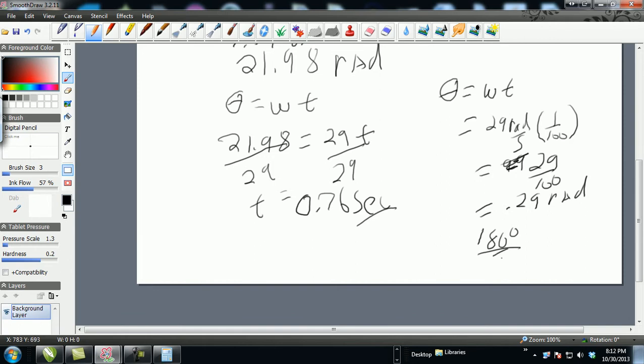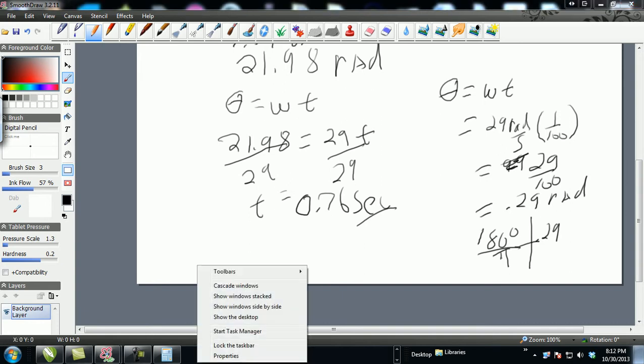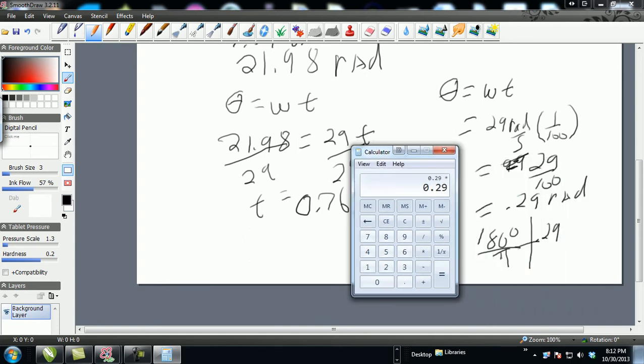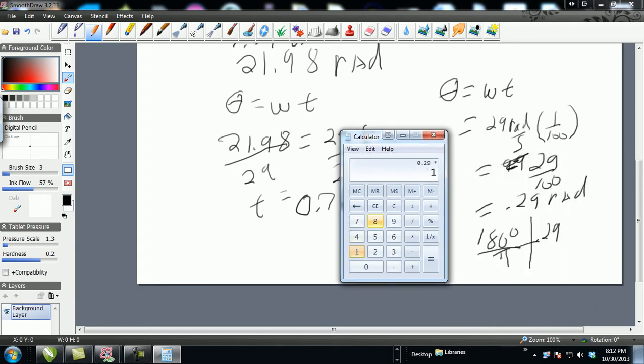So let's take that 0.29 and go back to our handy dandy calculator: 0.29 times 180. That should give me 52.2 degrees.